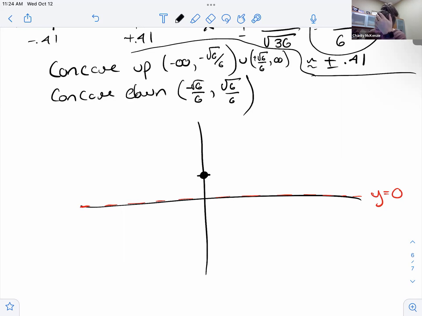So let's imagine this is 1 and -1. We can imagine then our -0.41 and our positive 0.41. So we have those two values, and we know at those values, we are switching from concave up to down. Now, remember, that's not the point on our U, it's the point when, so here I am, I'm curving, right? It's the point that you start to change directions to the other concave.